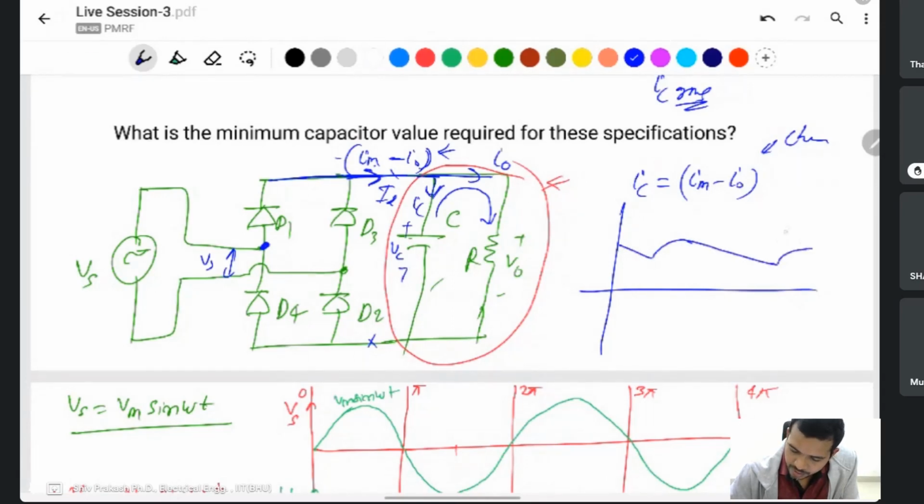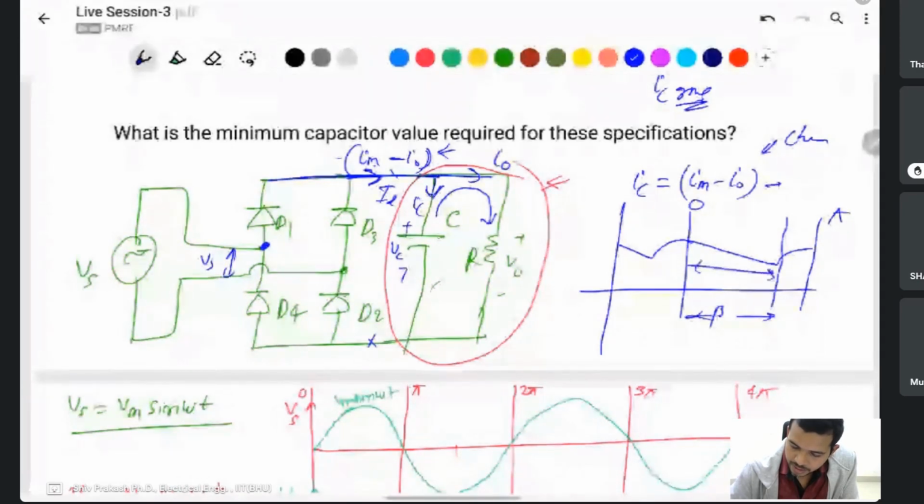If I take this one as beta and this one as pi, then from 0 to pi this is present for pi minus beta time. This is beta, this is pi minus beta, and this is present in the charging condition, this is the charging waveform.